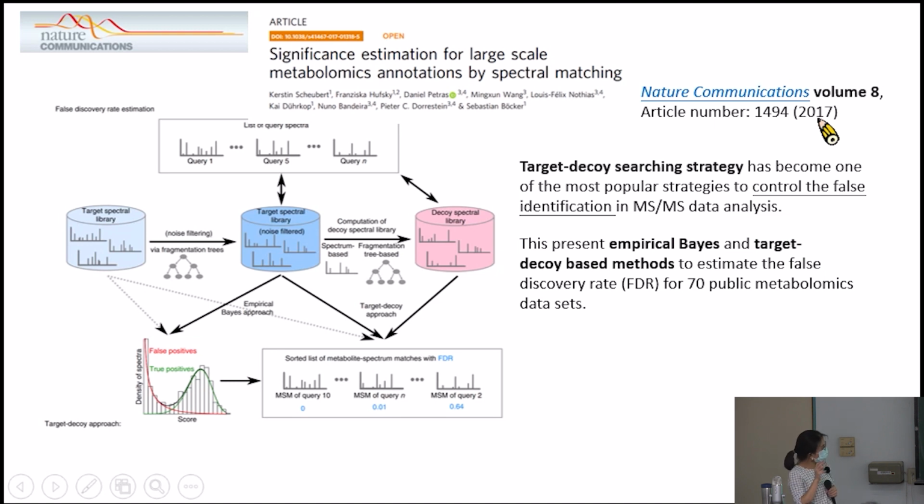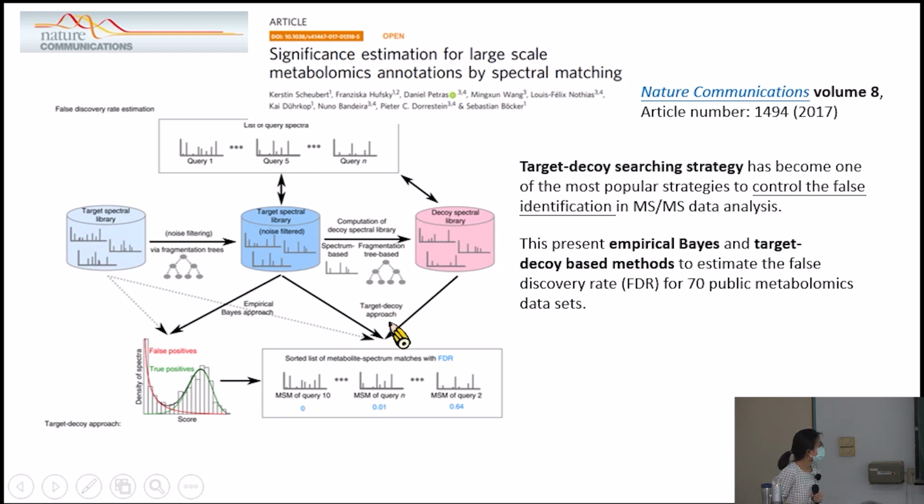So this algorithm combined two approaches. One is the empirical Bayes approach, and the other is the target-decoy approach. The empirical Bayes approach is a common calculation method used in many computational analysis fields.